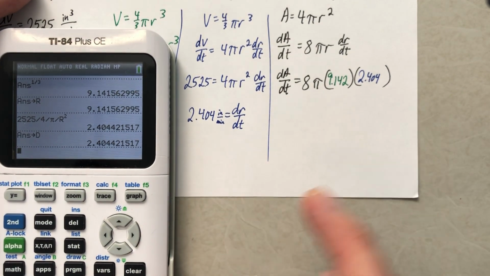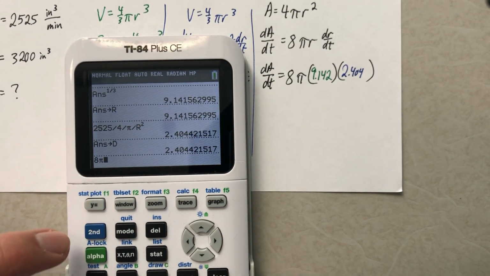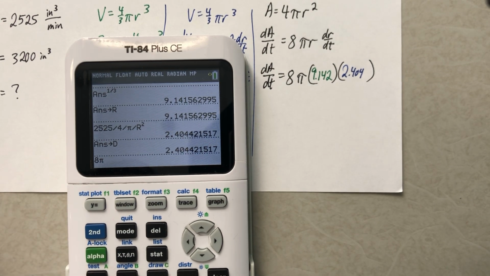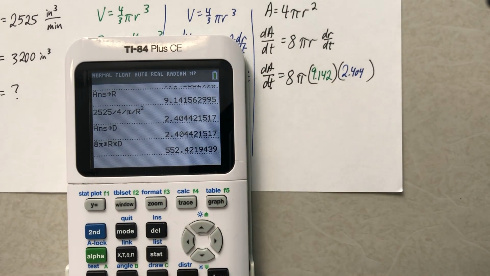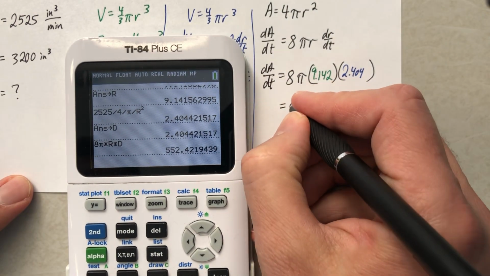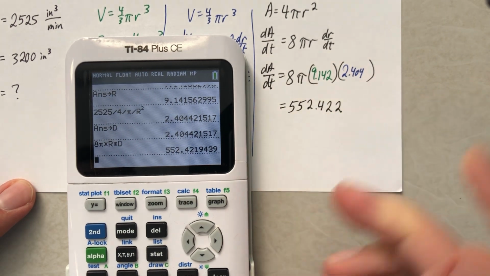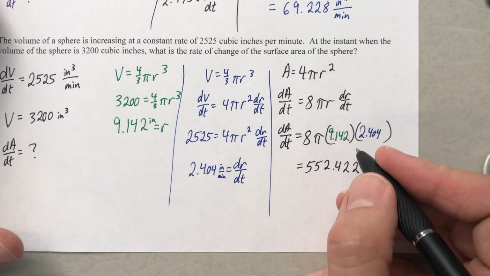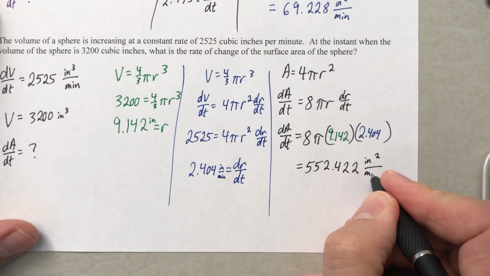All right, I'm back over here now. 8 times pi times r times D. And pick the right color. 552.422. Okay, what? Area, square inches. Time, minutes.